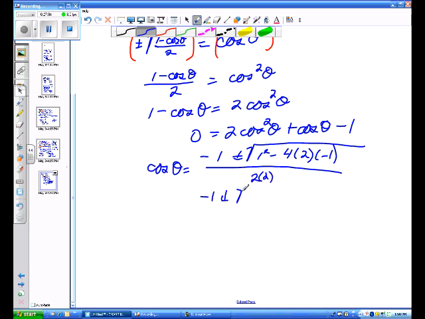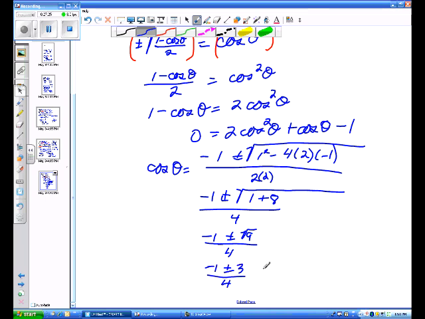So negative 1 plus or minus the square root of 1 plus 8, over 4, which is negative 1 plus or minus the square root of 9 over 4, which is 3. So if it's the plus, negative 1 plus 3 over 4 would be 2 over 4, or 1/2. Negative 1 minus 3 would be negative 4 over 4, or negative 1.